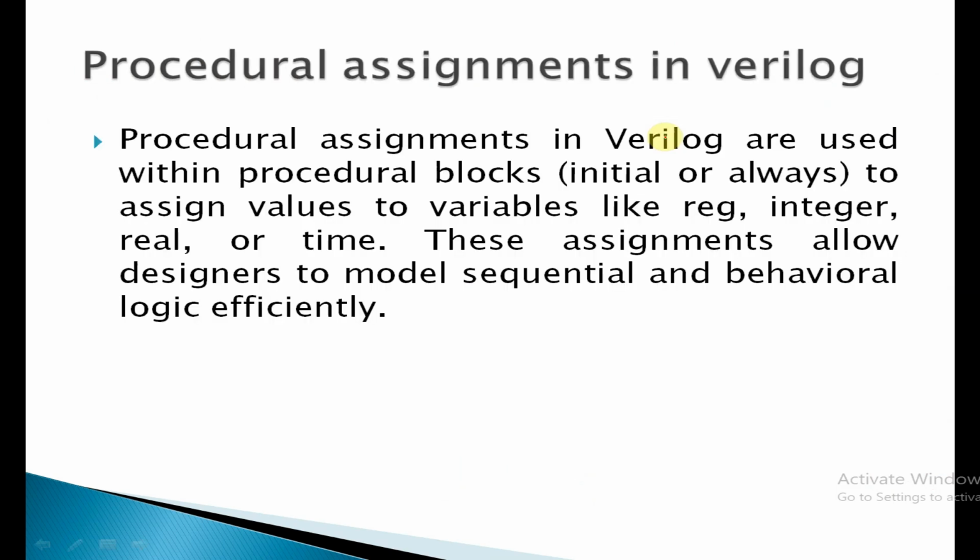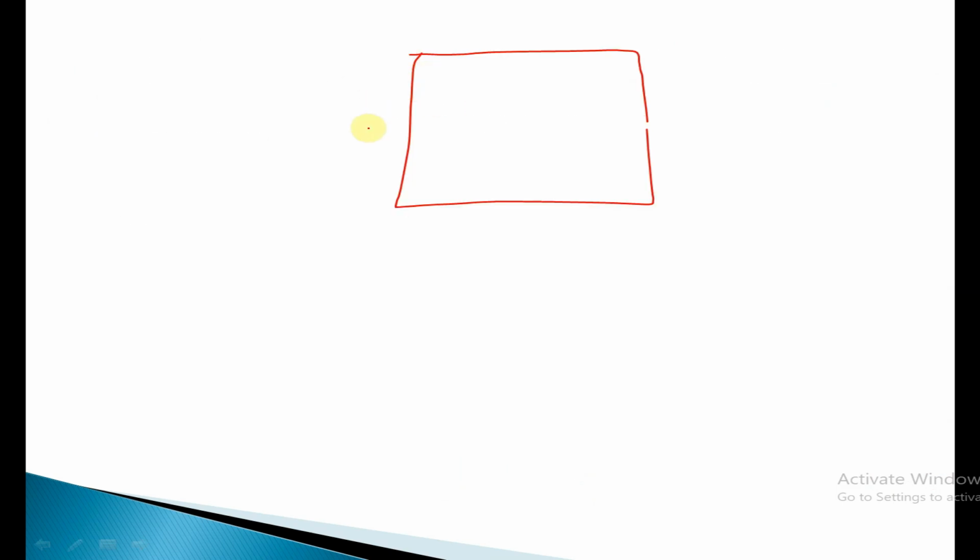Is it clear for everyone? And this design is expecting to work only on the positive edges of the clock. That is, it should sample the inputs only on the positive edges of the clock and produce an output at the positive edges of the clock. This is the requirement we have.